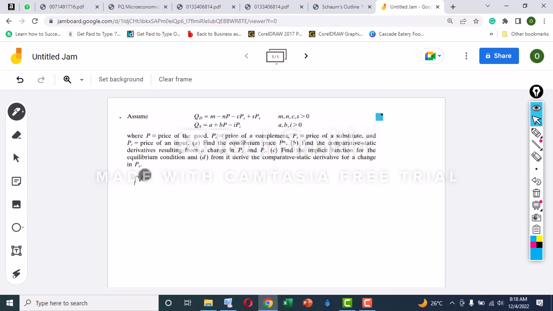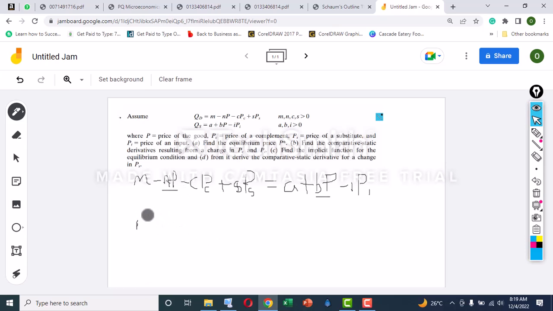We are just going to have M minus N P minus C PC plus S PS minus I PI, everything equal to our quantity supplied, A plus B P. Our aim is to make this P the subject of the formula, so that should be easy.